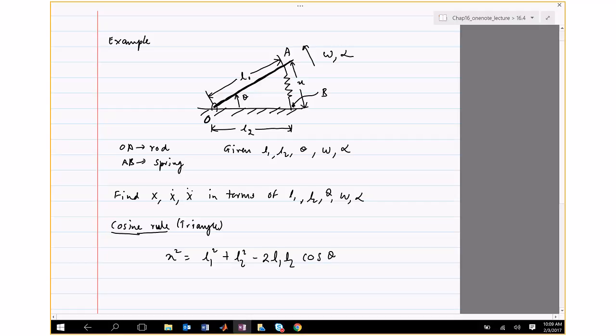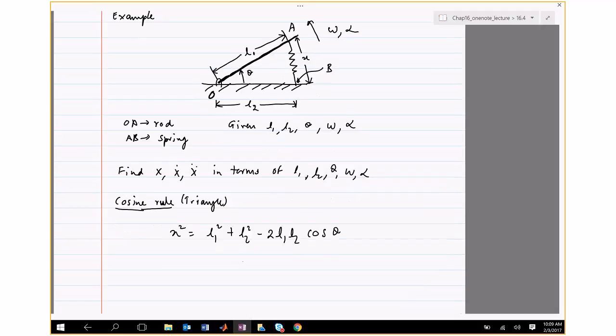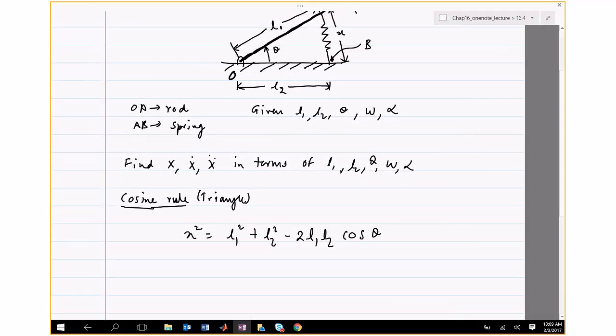It's called the cosine rule because there's a cosine in that formula. This is x square. So x is the square root of L1 square plus L2 square minus 2L1 L2 cosine of theta.